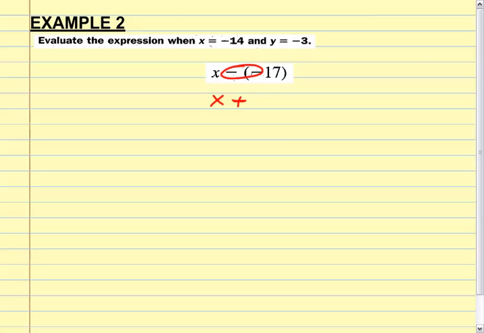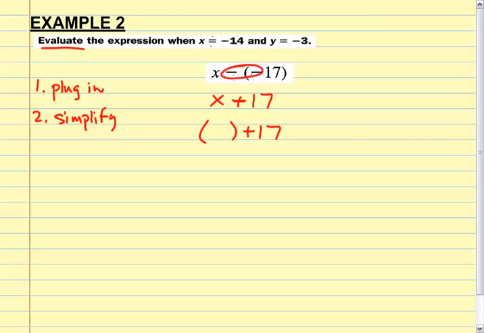Negative and negative turn into positive. So now it's written correctly. Now remember, evaluate means plug in and simplify. Well, I don't have anything to plug into yet. So the first thing I'm going to do is take the variable out and write parentheses, because that's what I'm going to plug the value of x into.